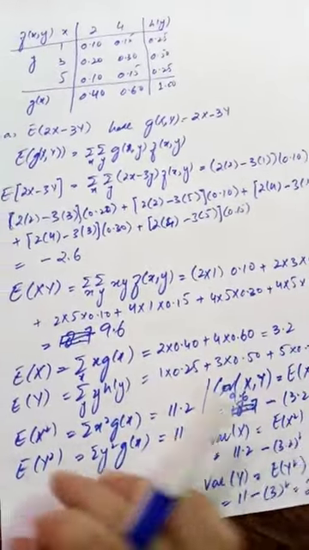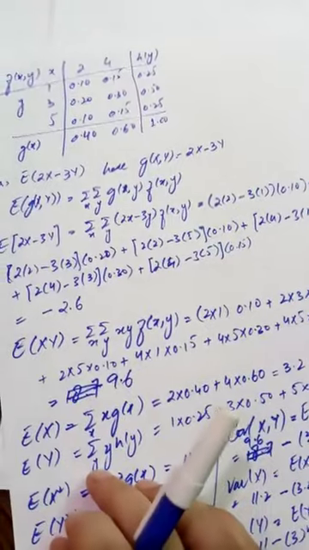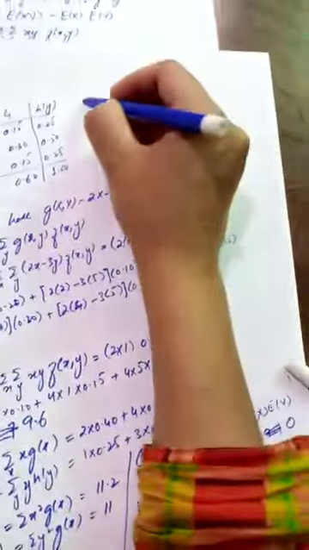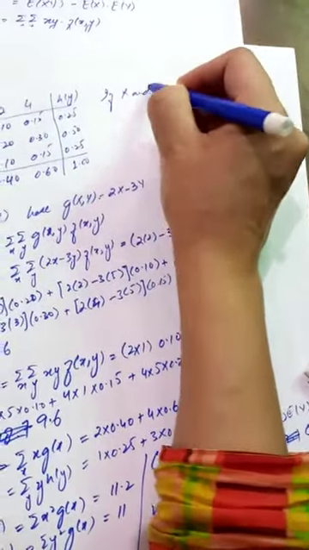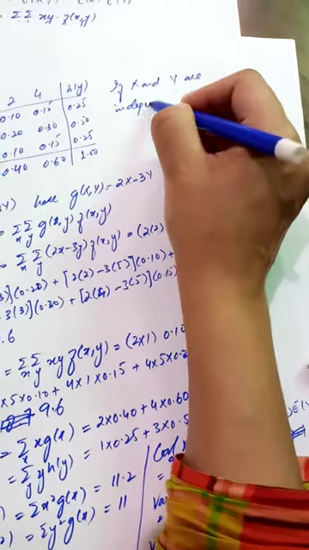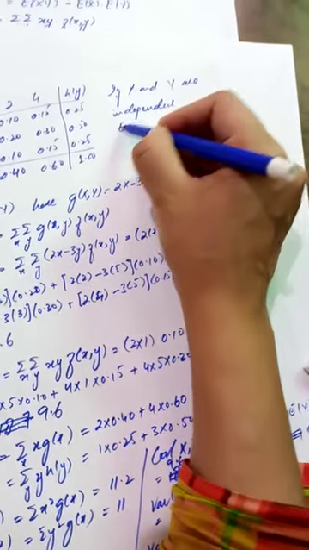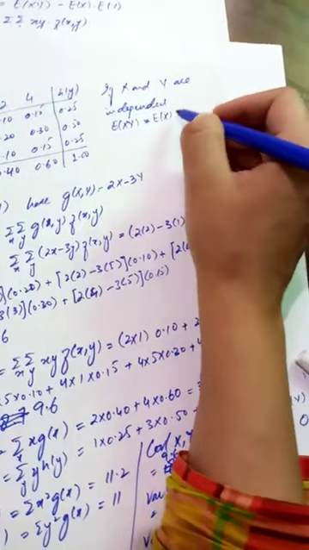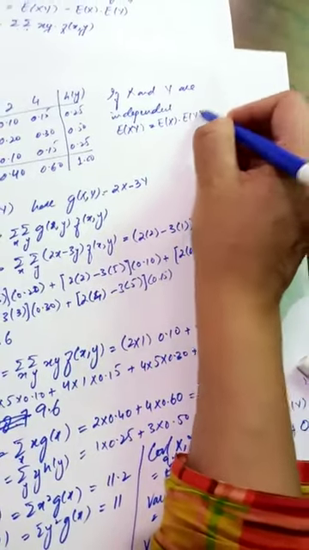There's one more condition that can be used to check if two variables are independent. If x and y are independent, then expected value of xy is equal to expected value of x into expected value of y. So we can check it here.